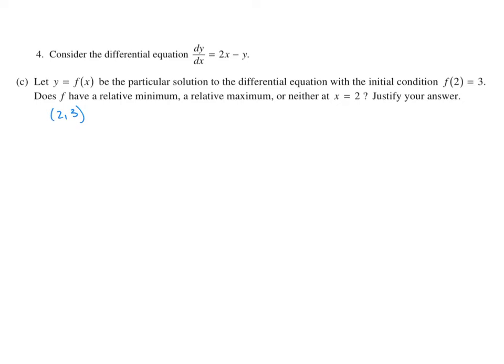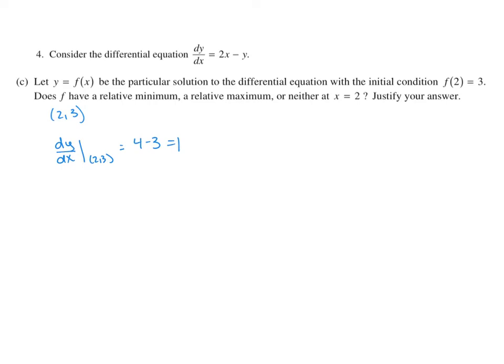Okay, so we have this point (2, 3). Is it a min, max, or neither? What I would do is a quick test. Is the derivative positive, negative, or 0 at this point? If I plug in (2, 3), 4 minus 3, I get 1. What's significant about that is, first of all, it's positive, which means the graph is increasing. And second, it's not 0, which means we cannot have a minimum or a maximum here.